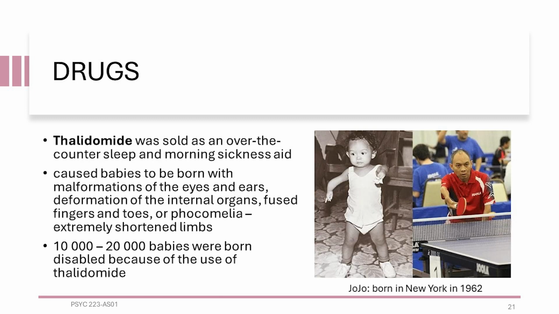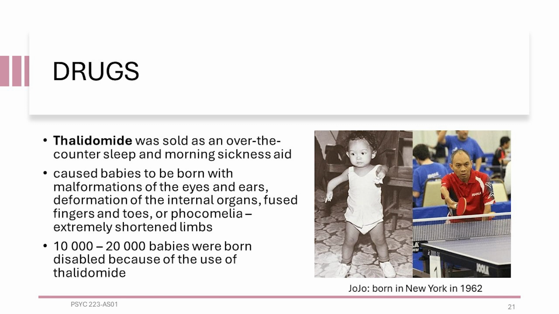One well-known type of teratogen is certain medications. A completely disastrous case is thalidomide, which was once sold as an over-the-counter aid for sleep and morning sickness. Unfortunately, it caused severe birth defects, including malformation of the eyes and ears, deformed internal organs, fused fingers and toes, and phocomelia, extremely shortened limbs.